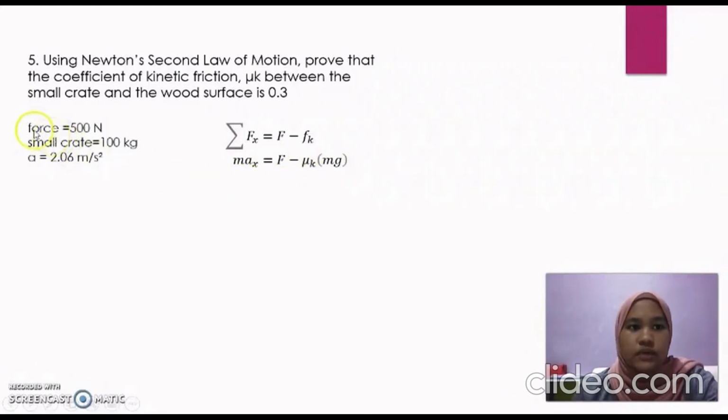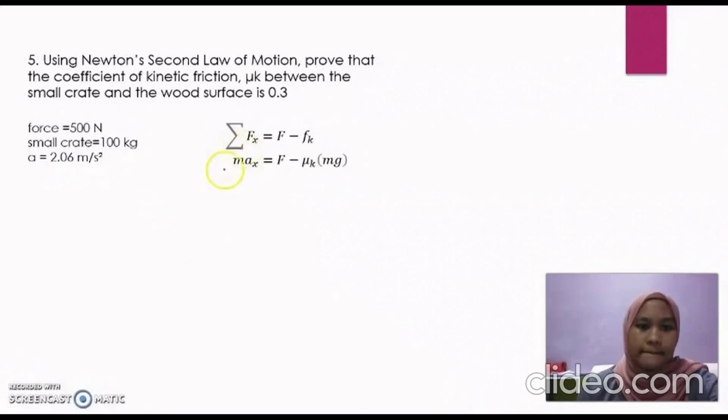So here we use force equals 500 Newton, small crate equals 100 kilogram, and the acceleration equals 2.06 meter per second square.